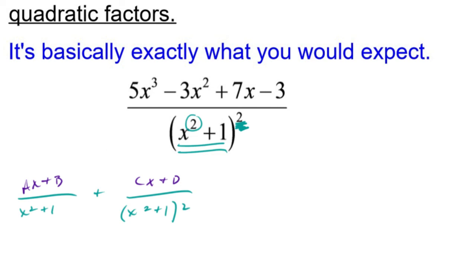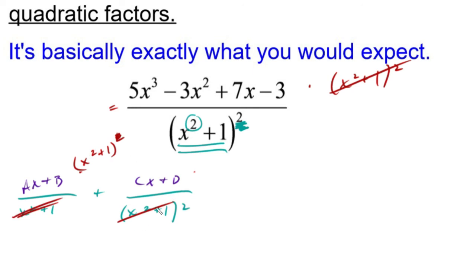Now I'm going to go ahead and jump right into the steps. You're going to be multiplying each of these terms, and this thing equals this, right? When you multiply each term by x squared plus 1 quantity squared, they'll both cancel out in this case. When you multiply this by it as well, one of them will cancel out in this case. One of them will cancel here, but you'll still have one left.